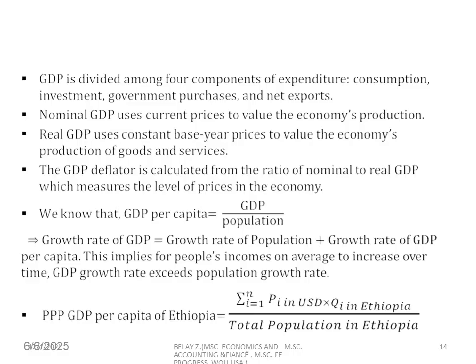GDP is divided among 4 components of expenditure when we use the expenditure approach. That is consumption expenditure, investment expenditure, or money we spend to invest, government purchase expenditures when government purchases something, and net exports expenditure, or the difference between exports minus imports.